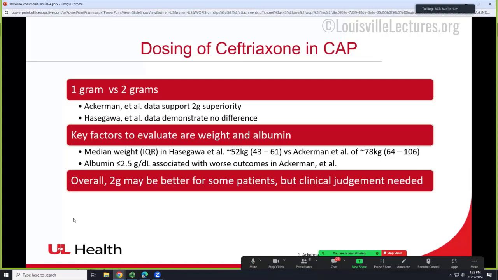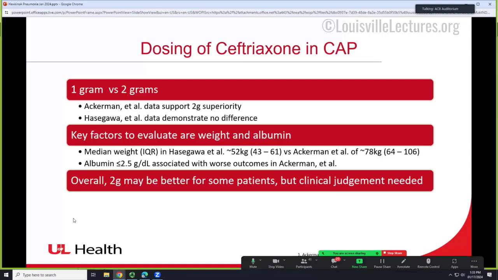If you're looking at the 2 gram dose versus the 1 gram dose, there's really no dose dependent adverse effect relationship there. So increasing to 2 grams doesn't necessarily increase your risk of C. diff or any of the other adverse effects of ceftriaxone, though we know ceftriaxone to be a relatively benign drug. 1 gram, though, has some conflicting data, I will say. It's one of those where you can find a study to prove you wrong, you can find a study to prove you right if you want.